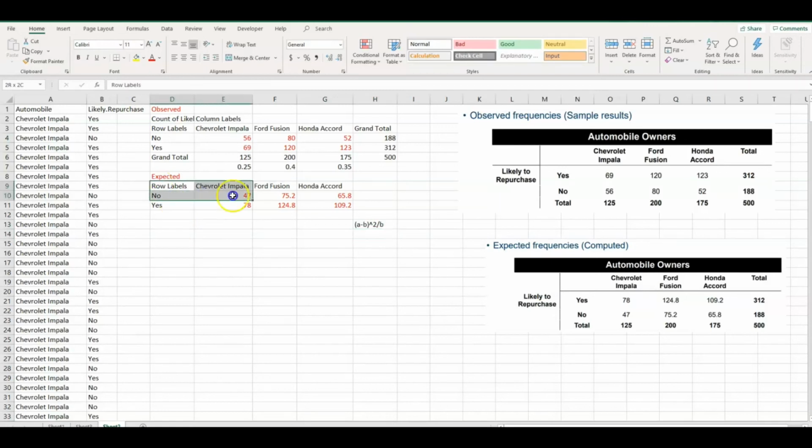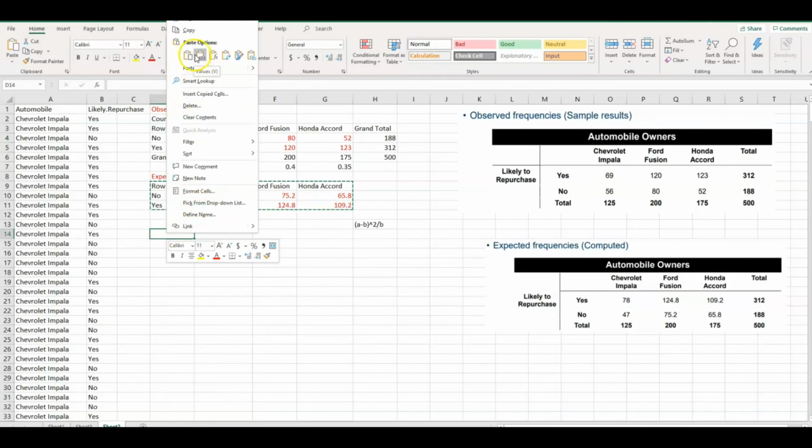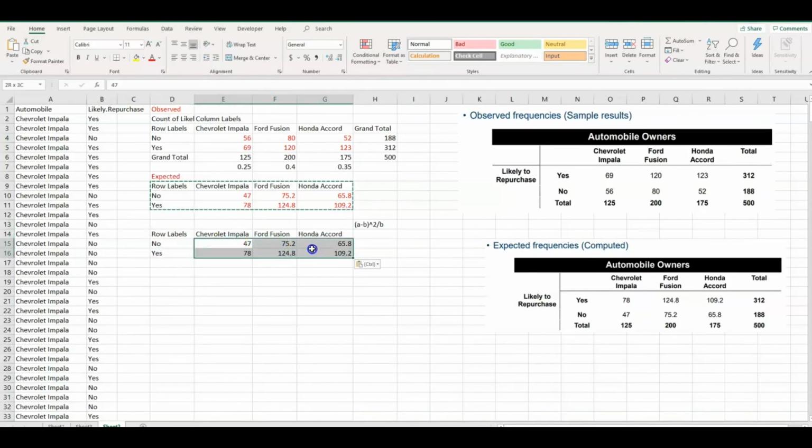Let's copy this table here, and remove these 6 numbers. So our formula will be A minus B squared divided by B.